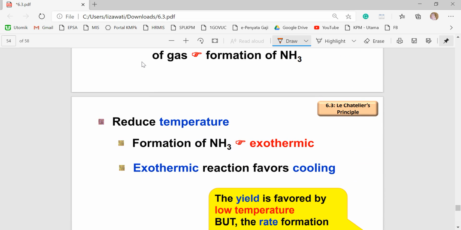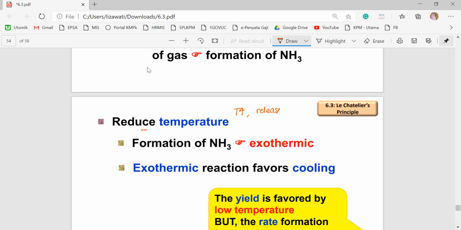In terms of temperature, we reduce the temperature. Why reduce the temperature? The system tries to increase the temperature, so it will release heat.